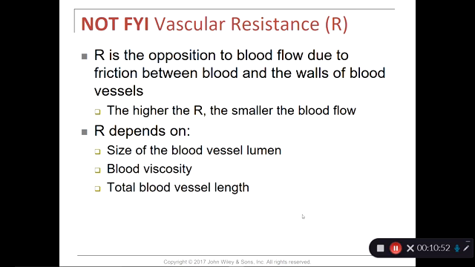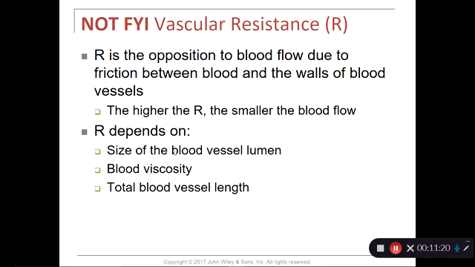And there are three main factors. If you go down here, 1, 2, 3, these three main factors determine resistance. First, the size of the blood vessel lumen, aka how wide is it? What's the diameter of the blood vessel lumen? If it's really, really small, it's going to offer a lot of resistance. Kind of like putting your finger over the end of a hose and letting just a little bit out at a time, it's going to really put up that pressure.